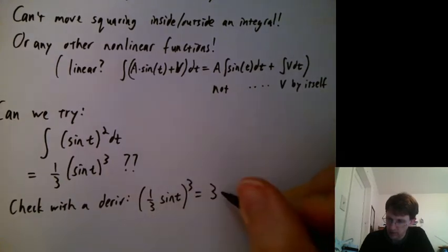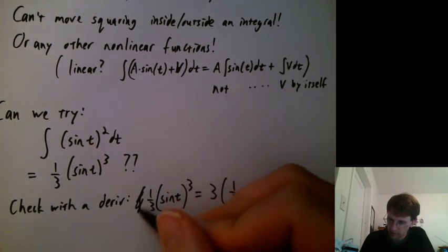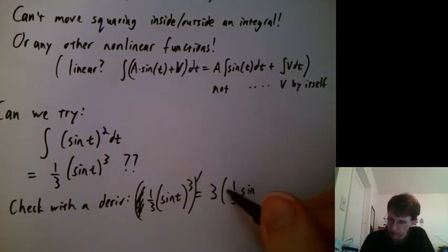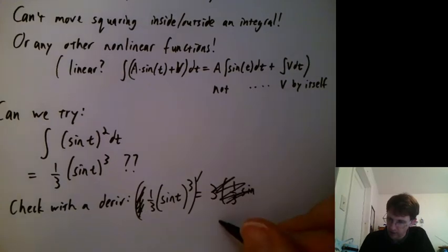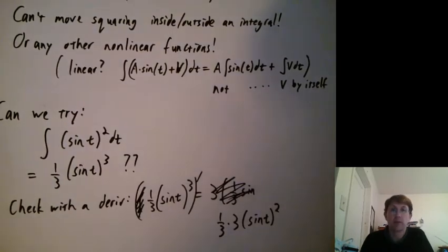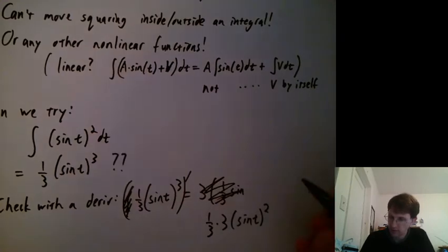Let me try that again. That would be 1/3 times 3 sine t squared. So far looking pretty good. The 1/3s are going to cancel, I get the sine t squared.